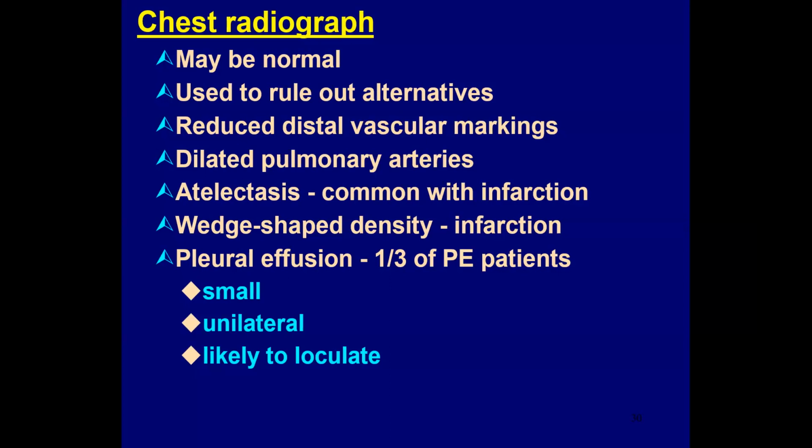This effusion is likely to be small, unilateral, just in one area, and is also likely to loculate. If it loculates, it means if you reposition the patient, the effusion will not follow gravity. It remains exactly in the same place.